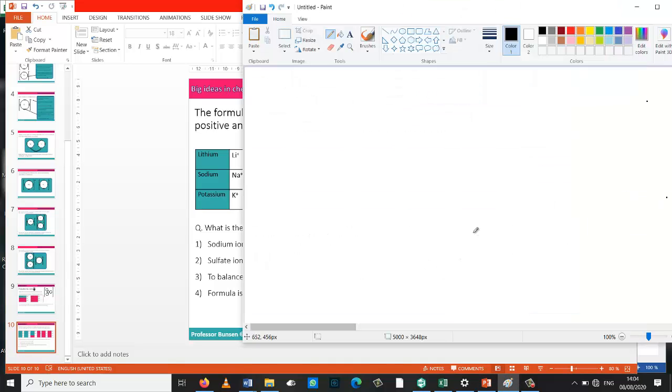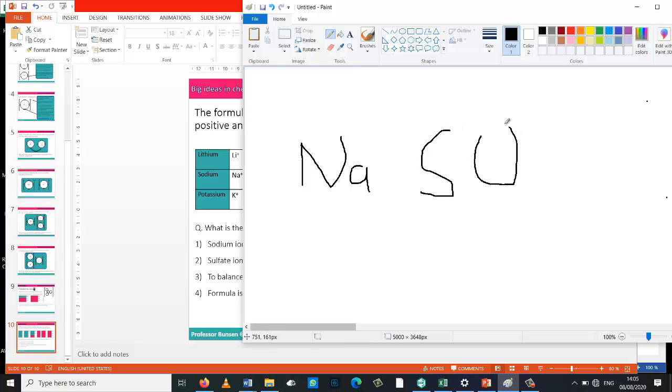Now, from our basic high school chemistry in Form 2, we are told that when we want to write the formula formed when sodium combines with sulfate ion, sodium is in group 1, but sulfate has a valency of 2. Because sodium is in group 1, the valency is 1.